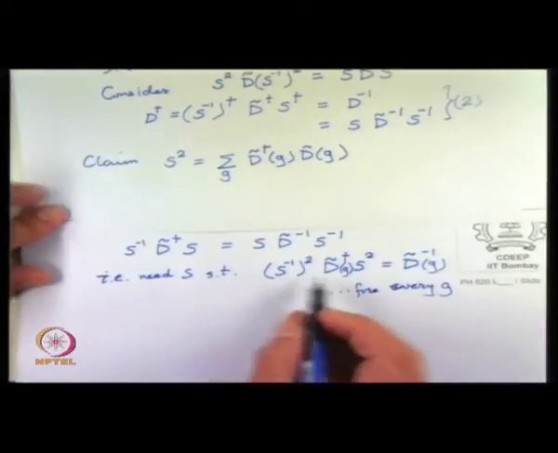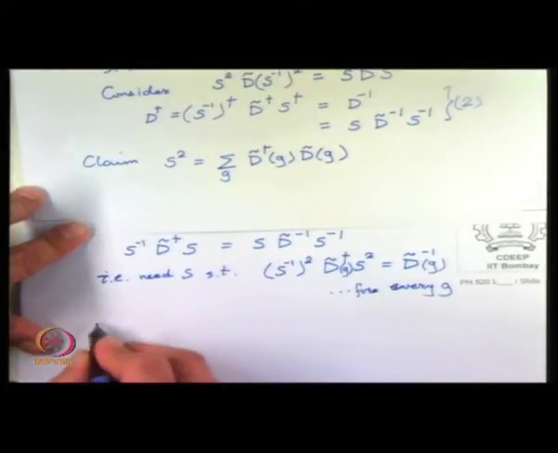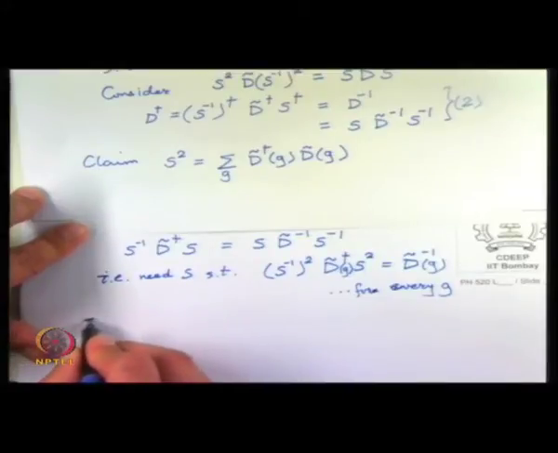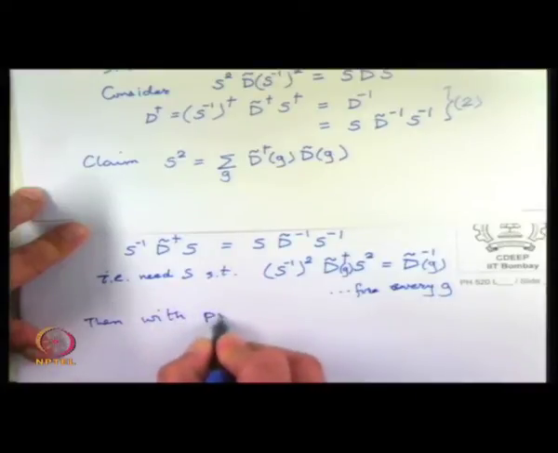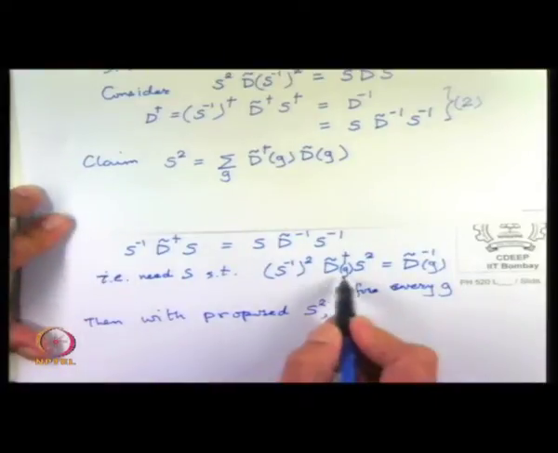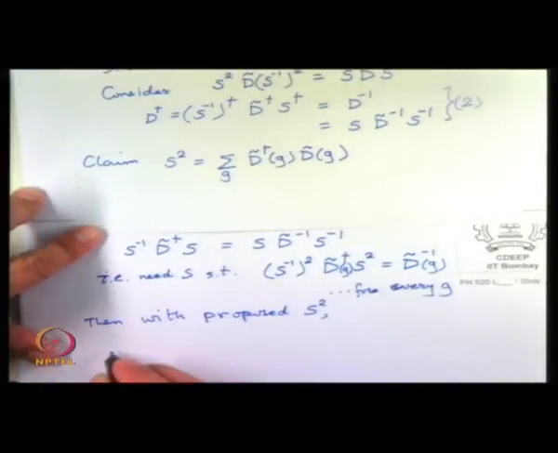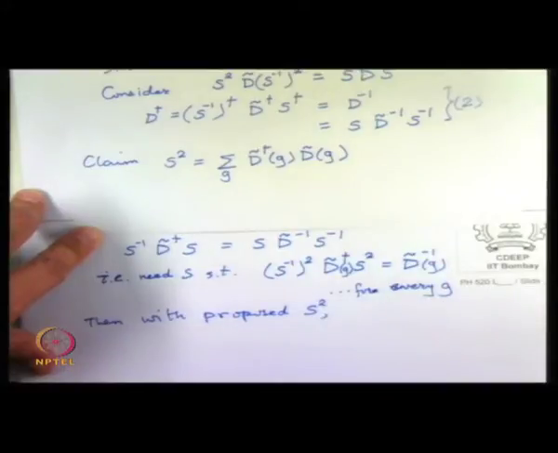So now we have proposed that S squared is of this form. So consider, and now this was G, let us write some H and write this summation. So S squared inverse is, so what we do is that we try to convert it into a property for S squared.